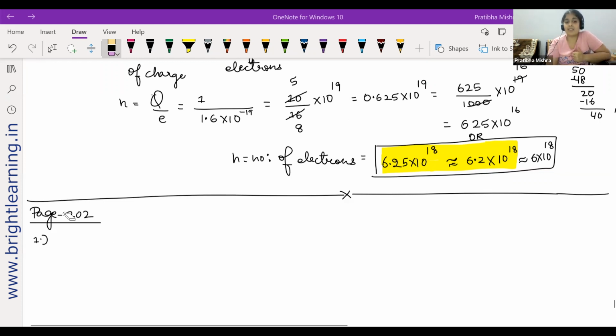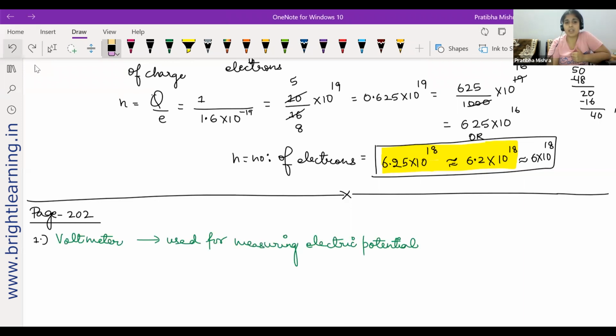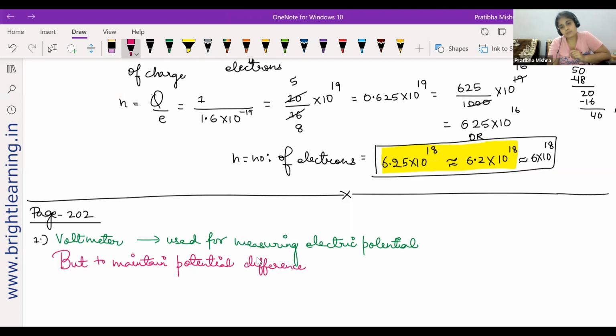So let me write it very, very clearly. Voltmeter is used for measuring electric potential, but to maintain potential difference, what are the things that are used?